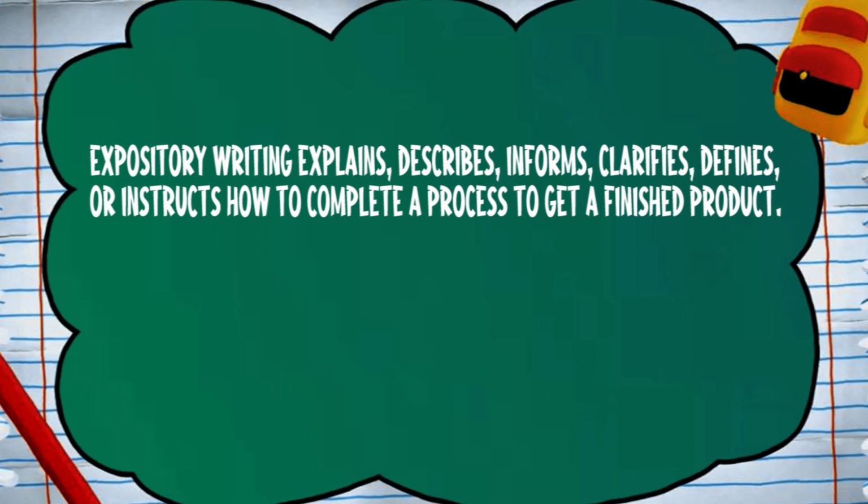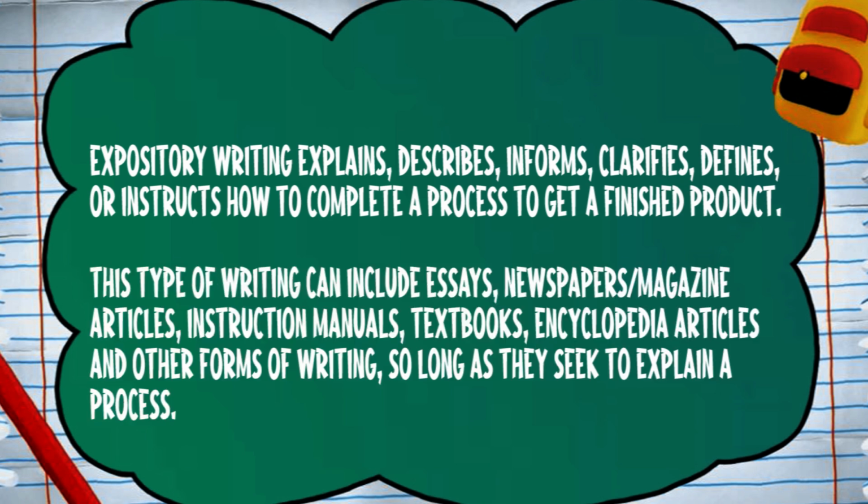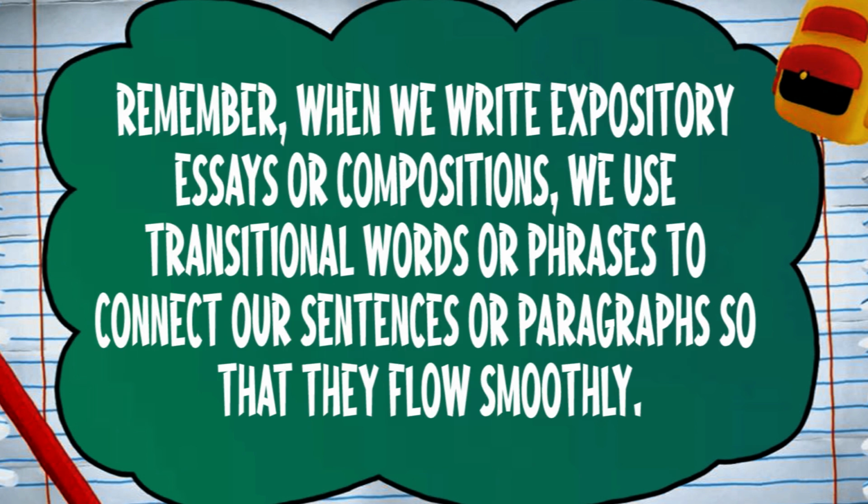Expository writing explains, defines, describes, informs, clarifies, but more so it instructs on how to complete a process or to get a finished product. This type of writing can include essays, newspapers and magazine articles, instruction manuals, textbooks, encyclopedia articles, and other forms of writing, so long as they seek to explain a process.